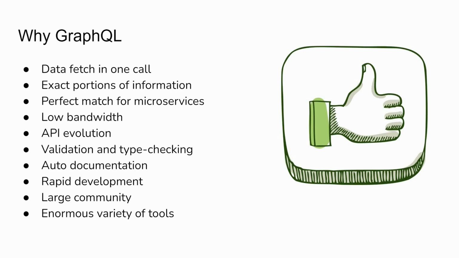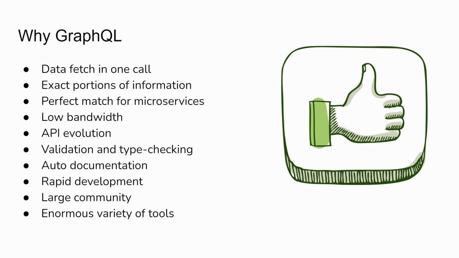To sum up, there are a lot of GraphQL pros. Firstly, it is a solution for uncomfortable data fetching, such as overfetching or underfetching, by providing a method for fetching exact data you need. Secondly, it is a perfect match for microservices as a gateway. Thirdly, it has low bandwidth, so it may be suitable for mobile clients where the bandwidth matters.